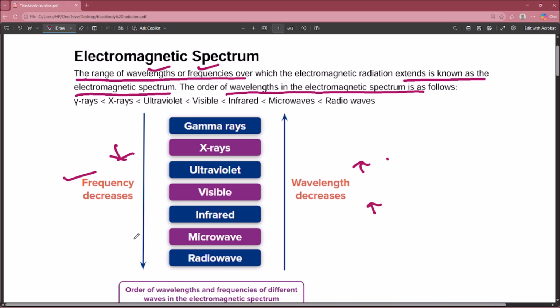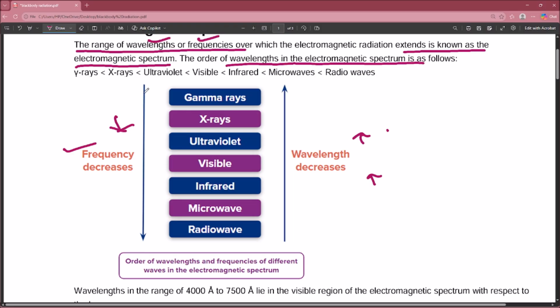The arrow sign shows that the frequency decreases from top to bottom, and the wavelength decreases from bottom to top. Gamma rays have much more frequency, then X-rays have lesser frequency. There are gamma rays, ultraviolet, visible, infrared, microwave, and radio wave. Radio wave has very low frequency compared to other electromagnetic waves.